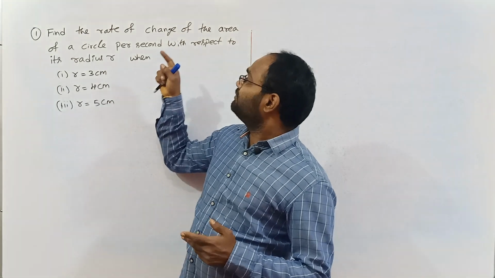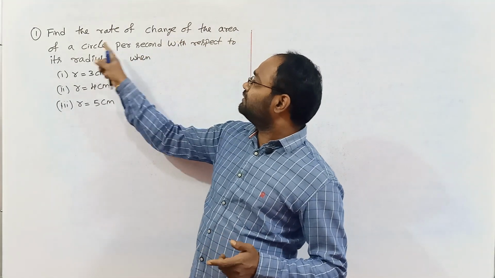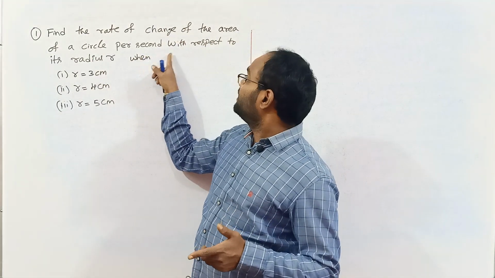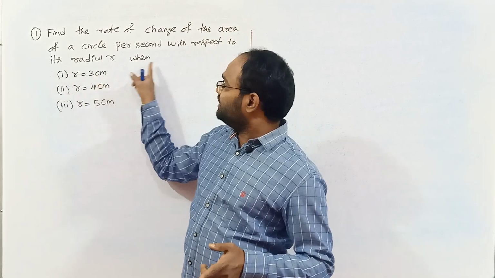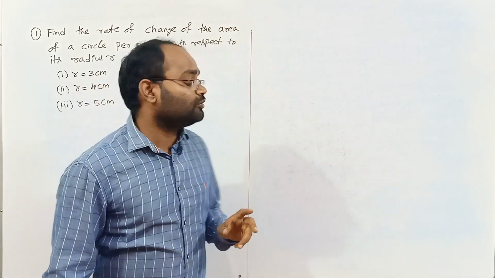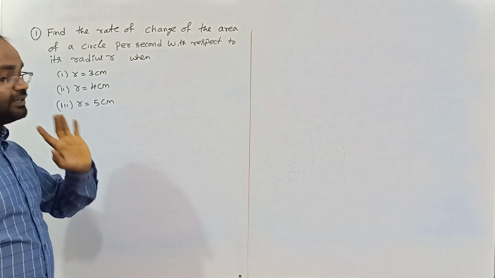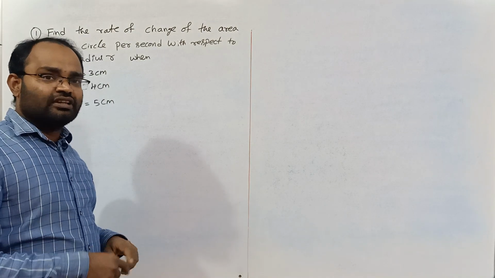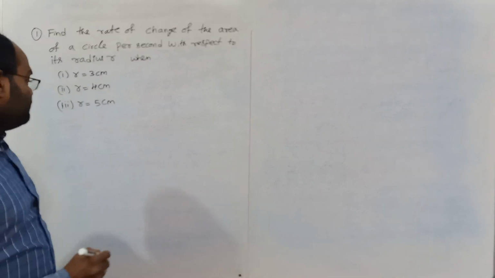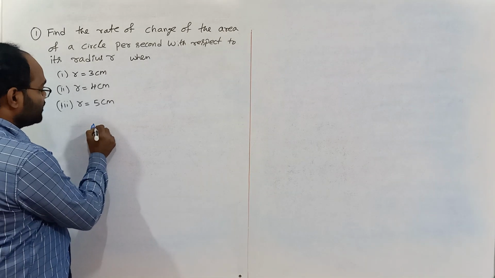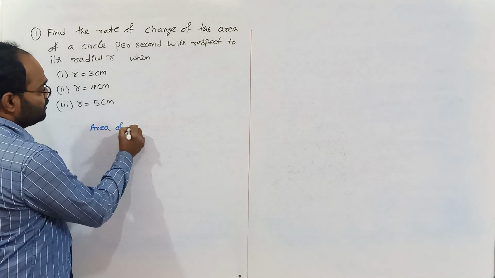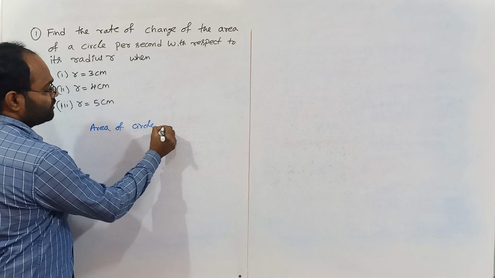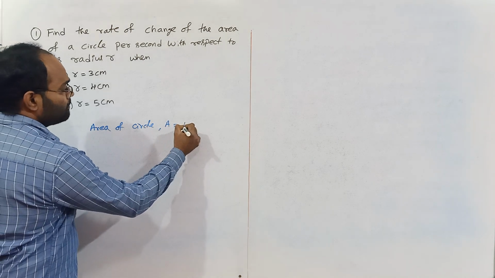Find the rate of change of the area of the circle per second with respect to its radius r when r is equal to 3 cm, 4 cm, 5 cm. There are 3 cases. Now, what do we have? So what is the area of circle formula? Area of circle is A is equal to pi r square.